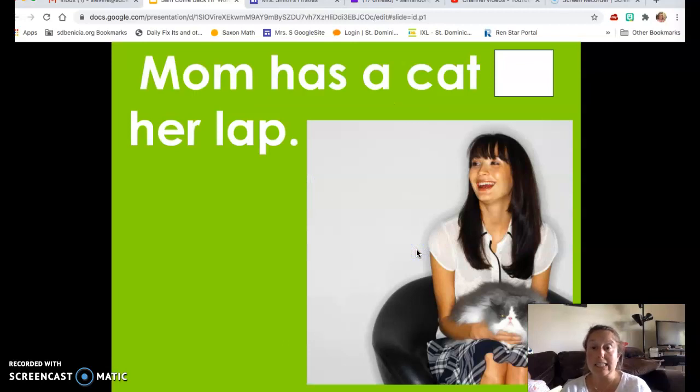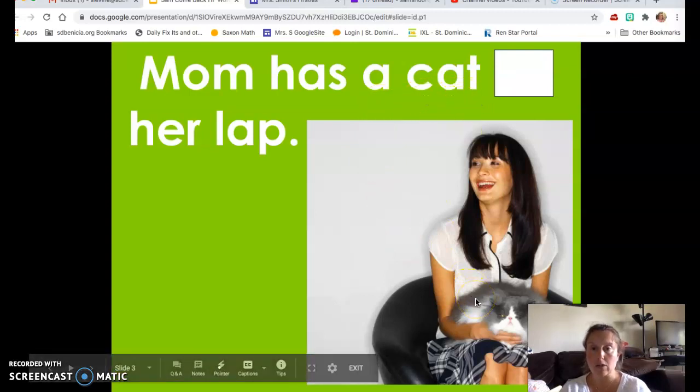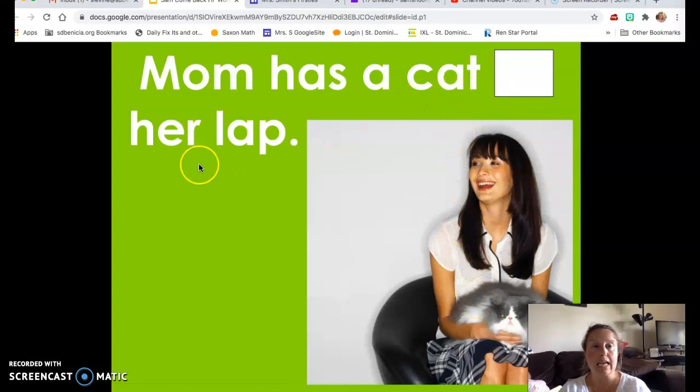Now we're going to read this sentence and fill in one of those words, in, on, or way. Mom, you finish reading, and then if you need me, I'm going to give you a few moments. Pause me, then I'll read it with you. Has a cat, I see the cat here, looks like Grumpy Cat, blank her lap.